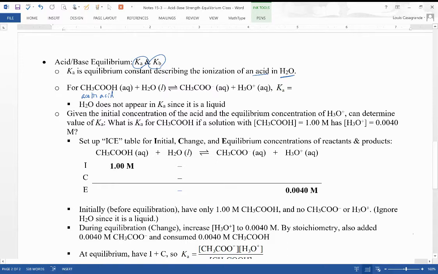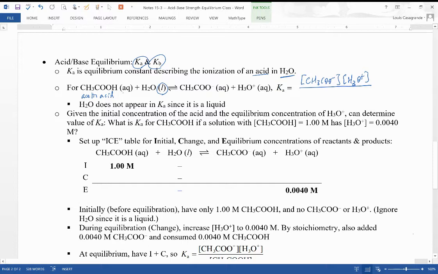and water. And the Ka expression is going to be, like we saw before, products over reactants: the concentration of the acetate ion times the hydronium ion, divided by, now don't forget, water is a liquid, so don't include that water in the acid dissociation constant.